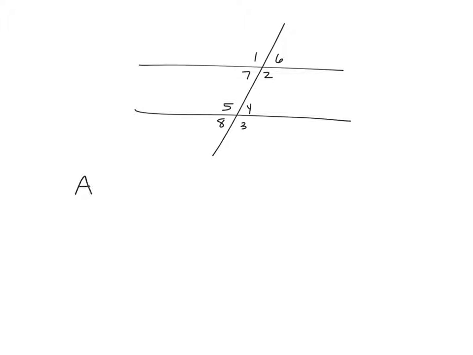I want to know, do you see a pair of alternate interior angles? Alternate interior. 7 and 4. Is there another one? 2 and 5. If you took notes on this already, you don't have to write this down too, because it's the same thing. I'm just checking that you see them.